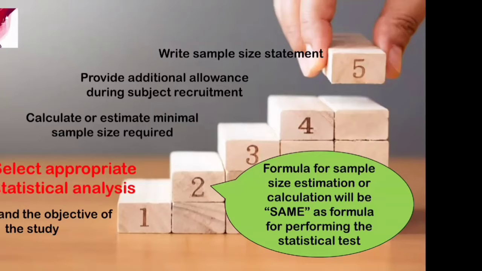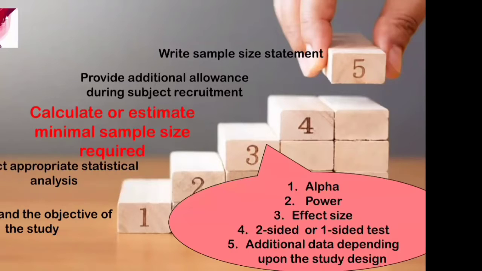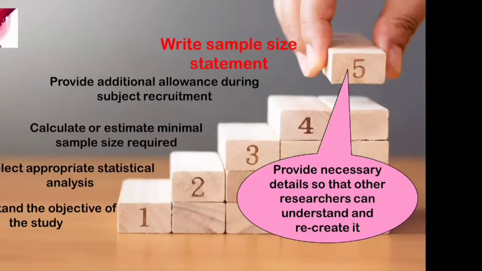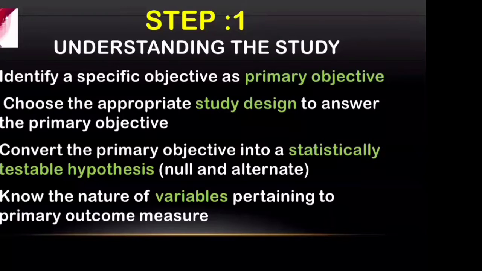So you need to know what statistical test you are going to use for your study design before calculating the sample size. The next step is estimation of the sample size by giving the ingredients like alpha, power, effect size. All these things we'll discuss. And fourth, you have to inflate the sample size considering dropout or design effect. And fifth is going to be your write-up. Let us see the first one.